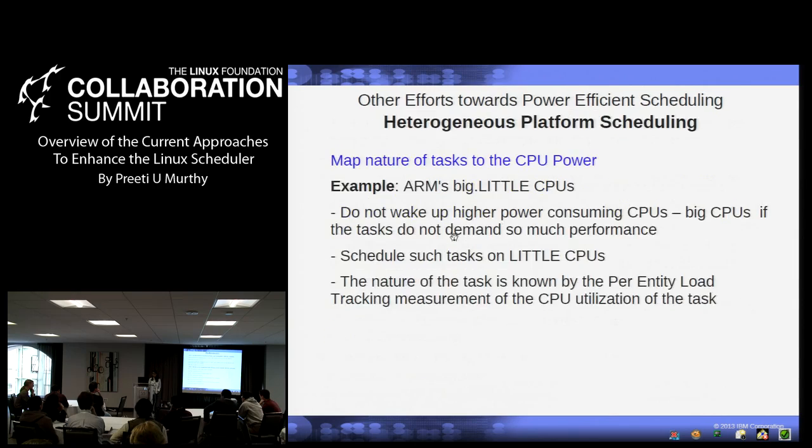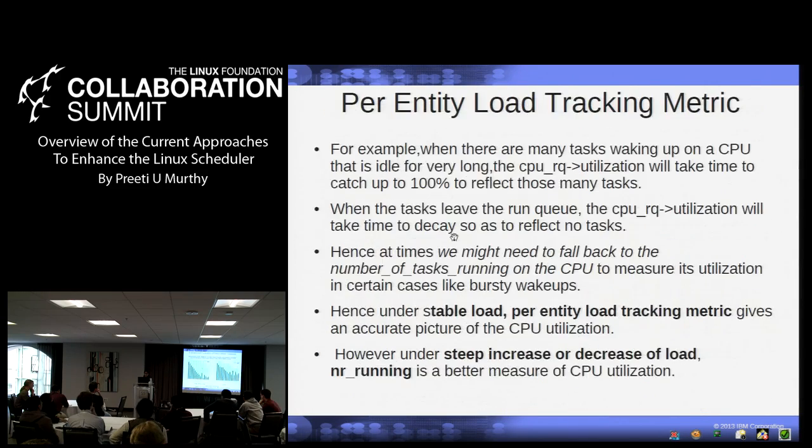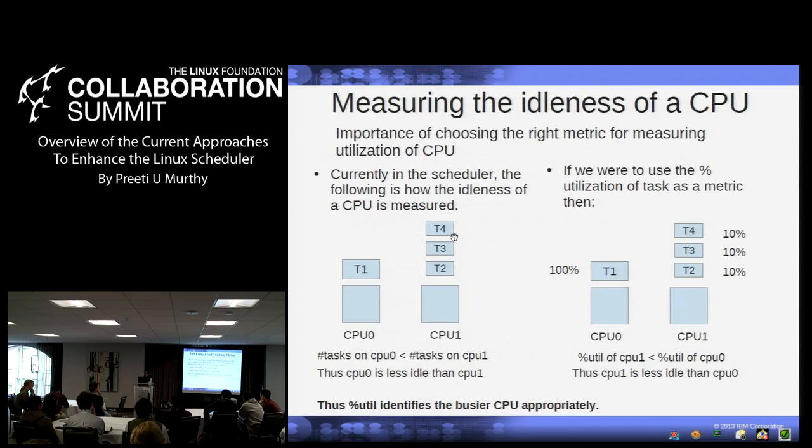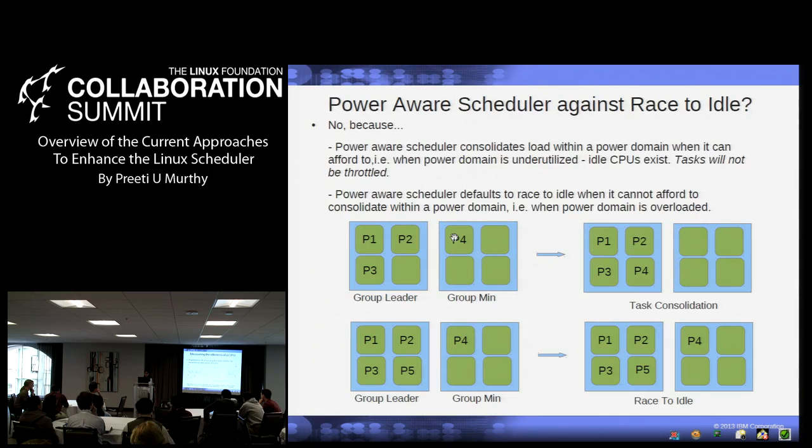So when I say that it's a group leader and that I pull tasks from an idle CPU over to this group, I am not overburdening any CPU. Each of these is one CPU and each of them gets one task.